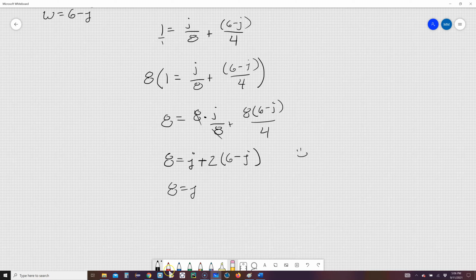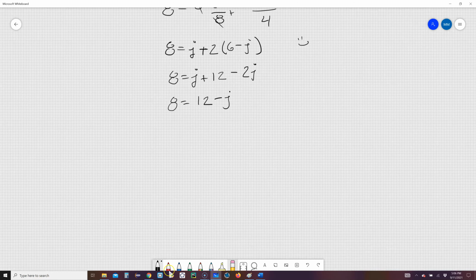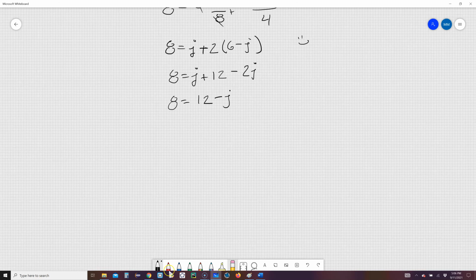Now this looks like something we've solved before, so we distribute. 2 times 6, 12, that's a negative 2J. I will have negatives. We're comfortable with that at this point, I should hope. It does happen sometimes. Negative 2 plus 1, negative J. I'll subtract 12 from both sides.